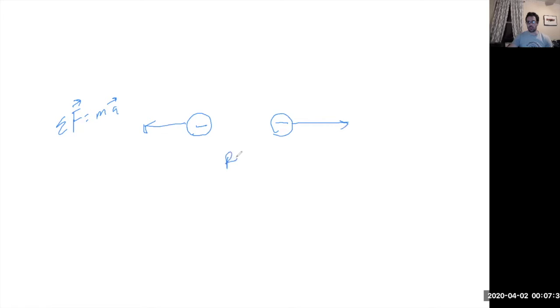They will repel because we have a negative and a negative, meaning the force is going to be in this direction on one of them and this direction on the other. Okay, and so we're going to wonder about the size of that force, maybe the direction, but ultimately we also have to consider the distance here between them, and we'll call that distance r.